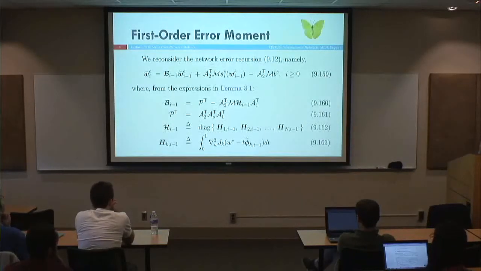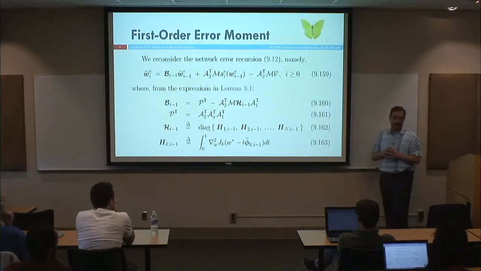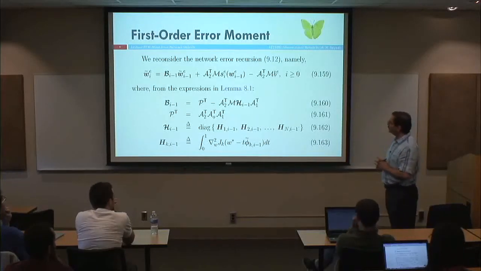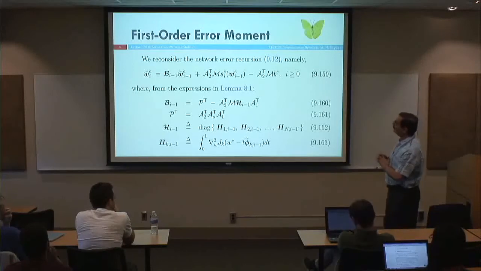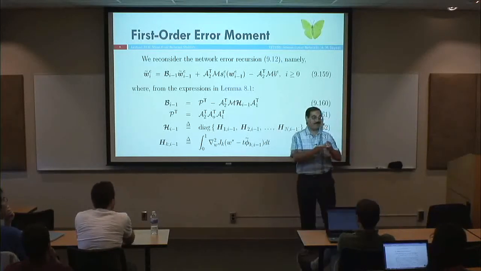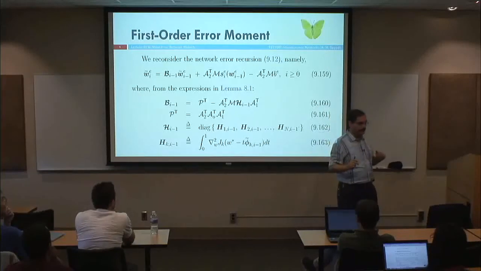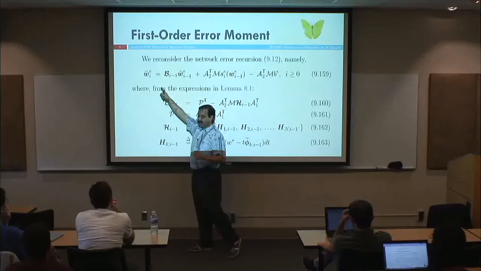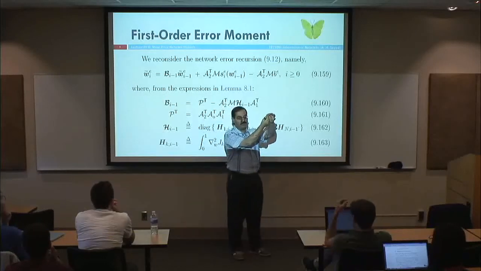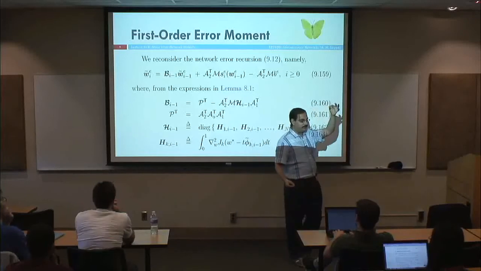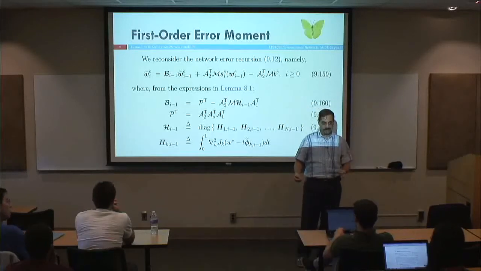So let me remind you what we did last time. Of course, I'm not going to derive this again, but perhaps in the lecture before that, I derived the error recursion that tells me how the error evolves over the network. Just to remind you of the notation, W tilde i is the vector that contains all the individual error vectors across all n agents: W tilde 1, W tilde 2, W tilde n.